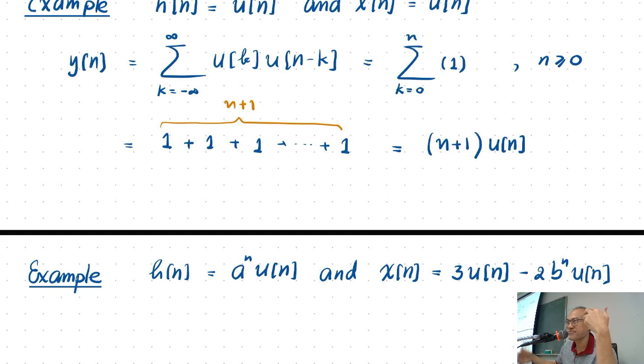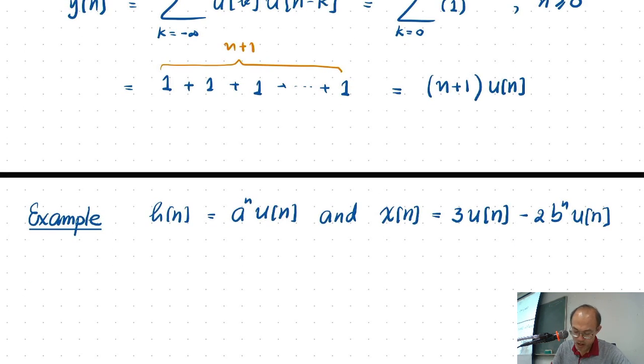So how do we go about doing this? Of course, we're not going to use the direct method, but we're going to use one of the properties of convolution sums, and that would be the distributive property. Here's how it goes. y[n] is equal to h[n] convolved with x[n].